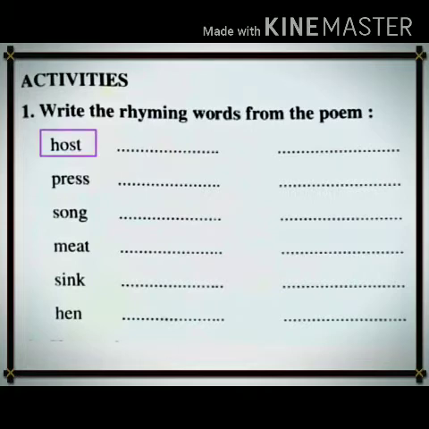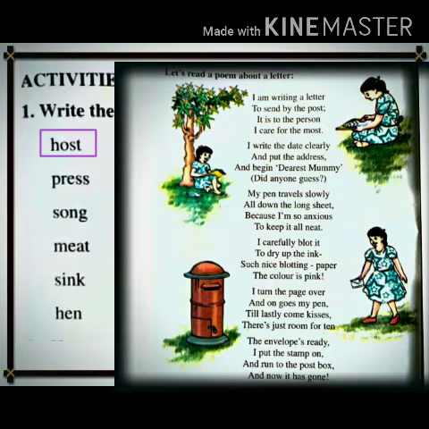So now let's see the rhyming word for host in the poem. I am writing a letter to send by the post. So listen carefully. Host, post. Both words have the same end sound. So we will write post as one rhyming word for host. We have to write two rhyming words.